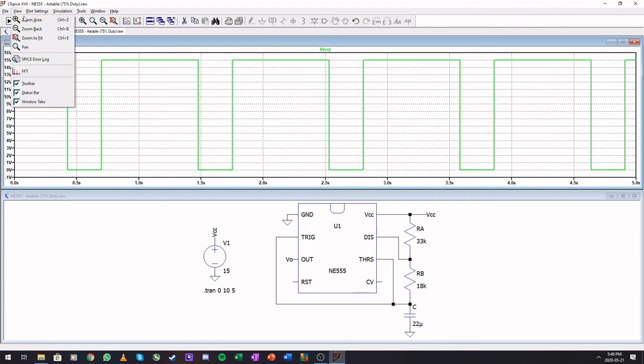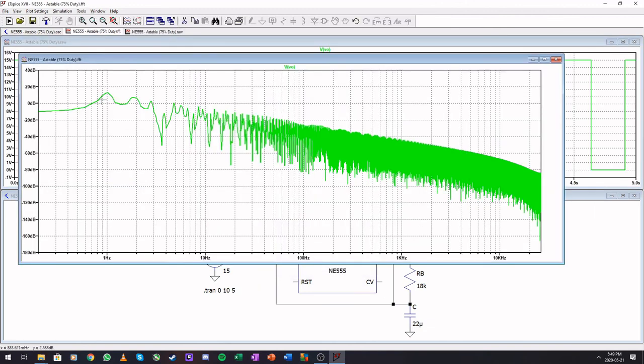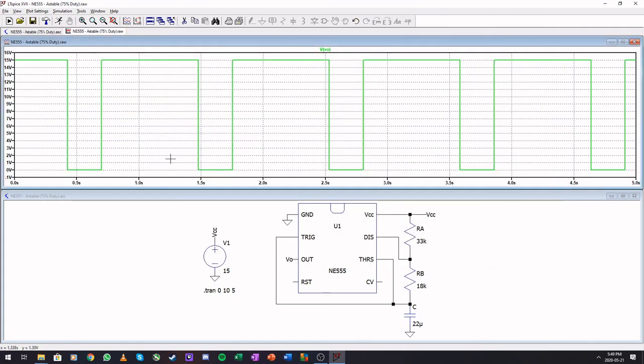And we can check out the FFT. The frequency is still at 1 Hertz. This is a bit flattened because that is seen as a lower frequency and this is seen as a higher frequency. But in any case, the fundamental here is still 1 Hertz.